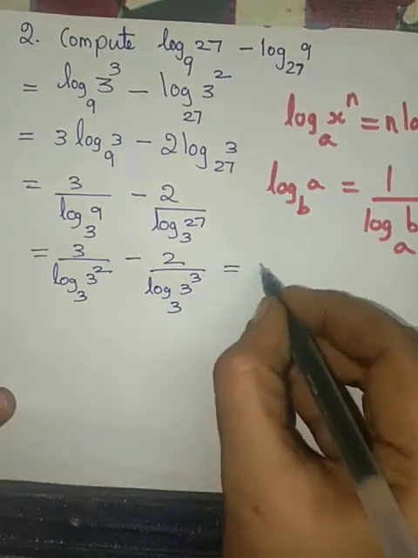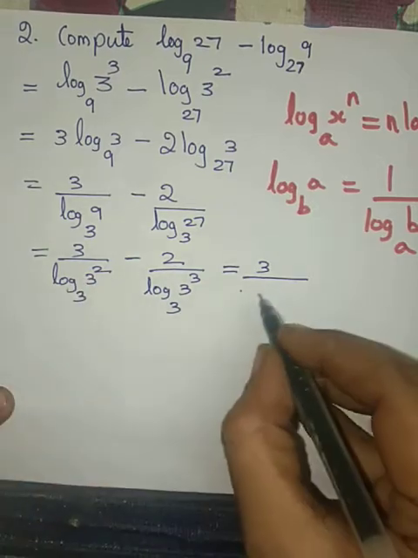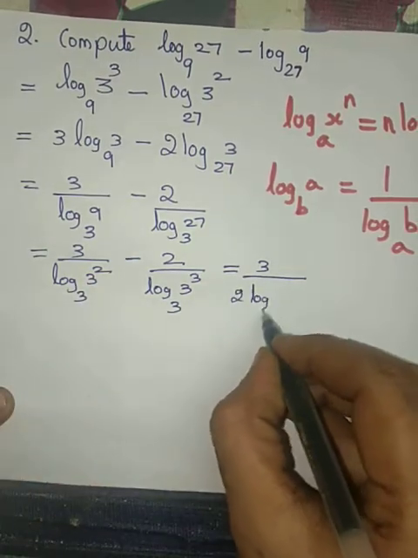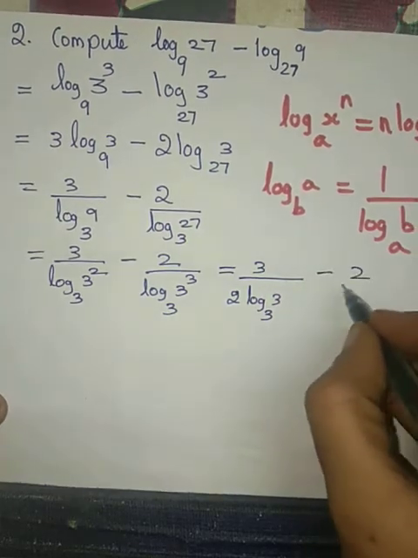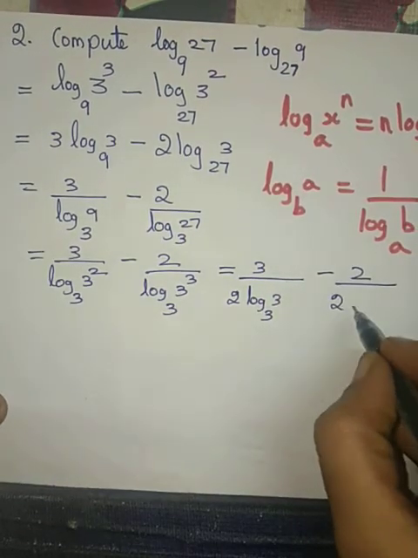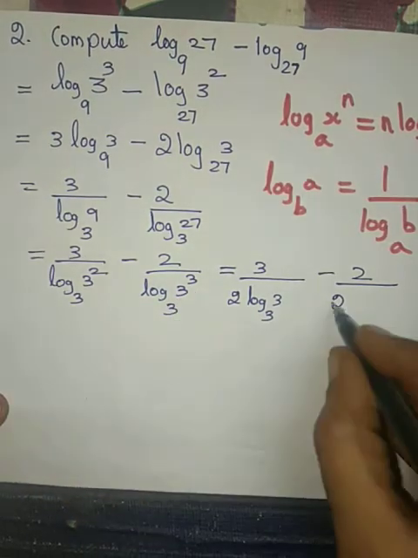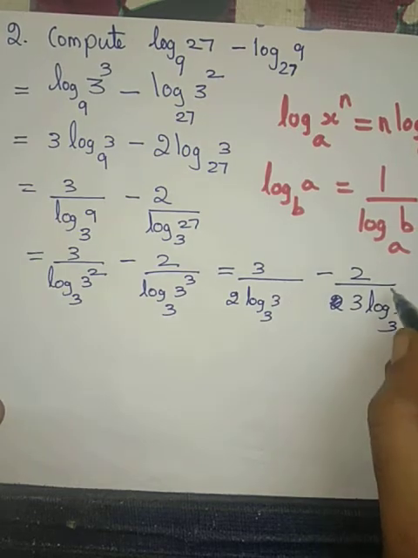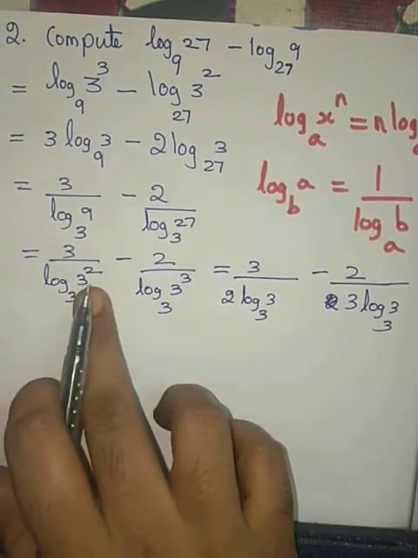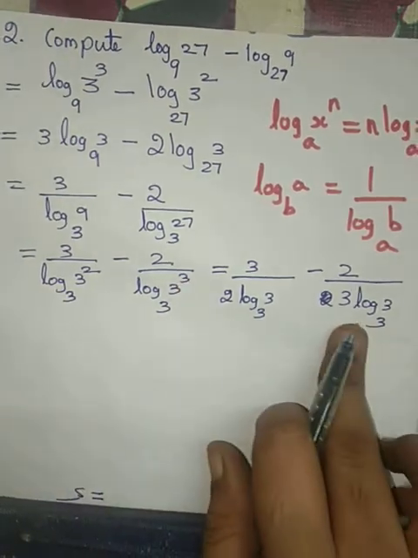So 2 log 3 to the base 3, minus 2 by 3 log 3 to the base 3. Understood? We lift this power and put it in front, here the power 3 goes in front.